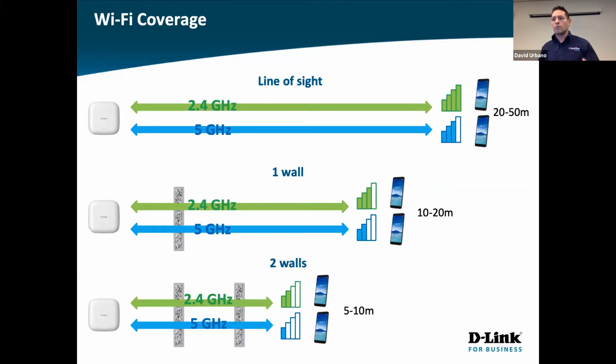The material of the wall will also affect, which is something we will talk about in our next session on wireless. If it's concrete, plasterboard, or wood, that will also affect. So this is just a big reference on roughly what you will expect.